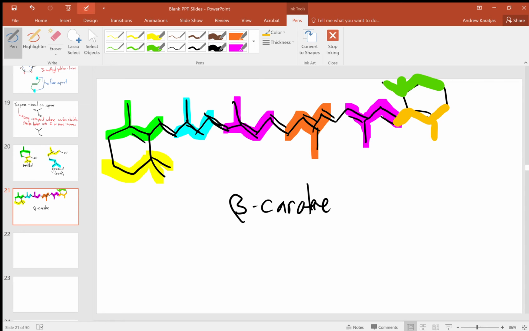We went a little too far over with this purple one here, so let's fix that. And so there you can see beta-carotene is just 1, 2, 3, up to 8 isoprene units put together.